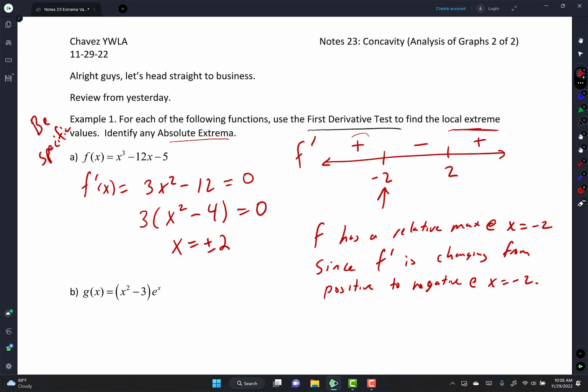There's another one. It's not a max, but at 2, f prime is changing from negative to positive. So think about it. If you're going from negative to positive, that means f is going down and then up. So that has to be a what? Perfect.